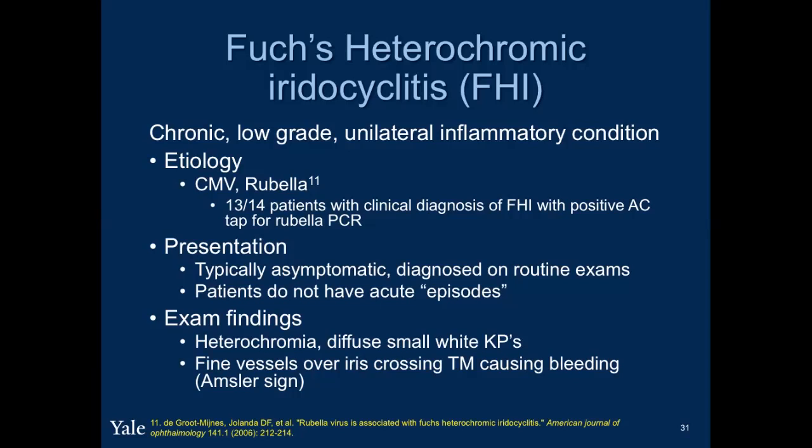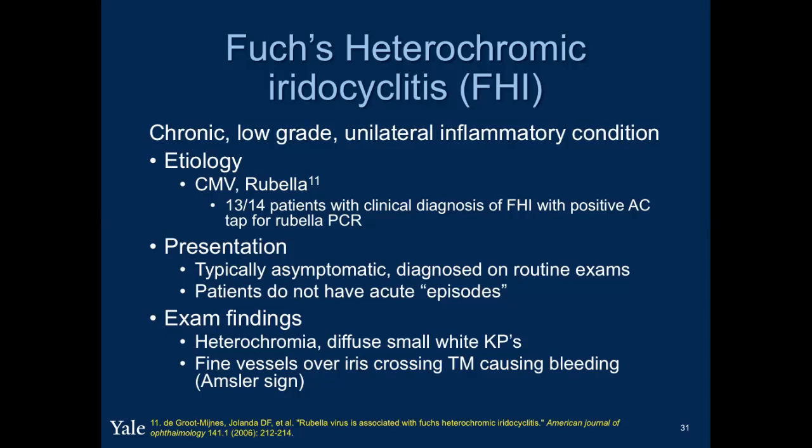Like Posner-Schlossman, the underlying etiology has been linked to CMV and rubella, as some of these patients with this clinical diagnosis had positive AC taps for rubella PCR as well as CMV. Presentation is very different from Posner-Schlossman syndrome.